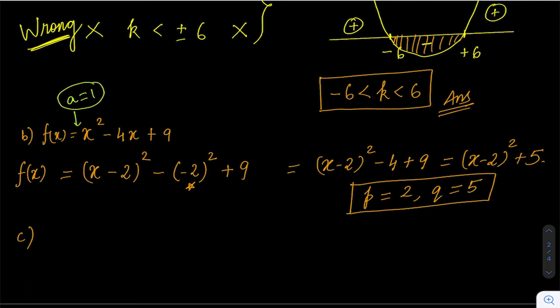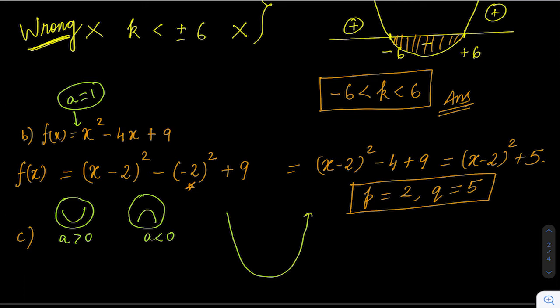Whenever a is positive, we will have a smiley face graph, right? We will have a graph like this. And whenever a is less than 0, then we have a sad face graph like this. In this case, a is 1, so my graph of the quadratic will be something like this.